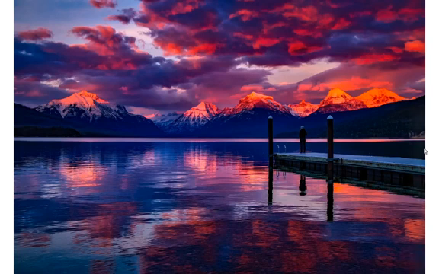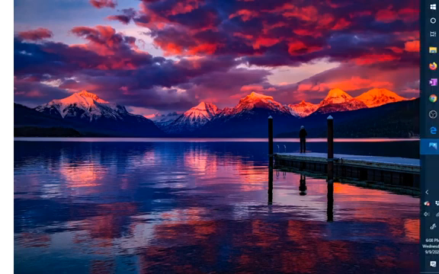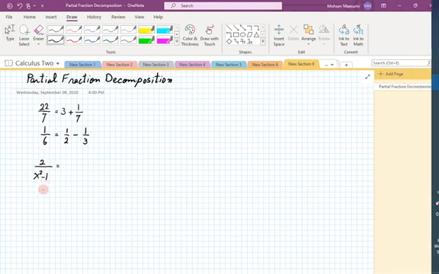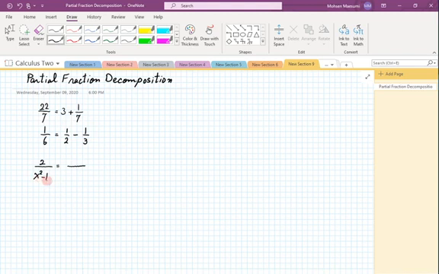So what are the fractions that we have here? Let's go back. So obviously the denominators that I have on the right hand side have to be factors of the denominator on the left hand side. So this one breaks into x minus 1 and x plus 1.